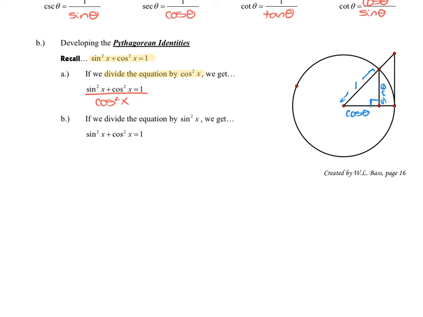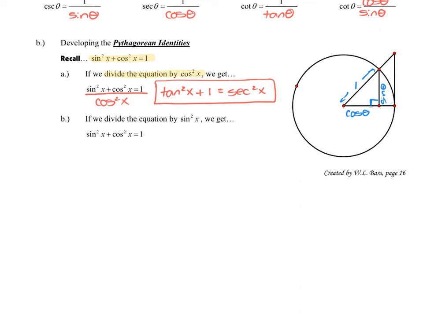So from up above, we know that that's going to become tangent squared. Then cosine squared over cosine squared, that'll become 1. And then 1 over cosine squared, that will become secant squared. So we can easily manipulate the basic sine squared plus cosine squared equals 1 to get this new identity.